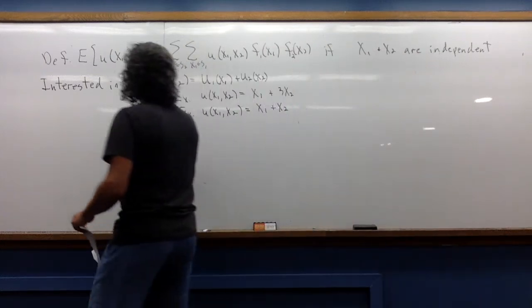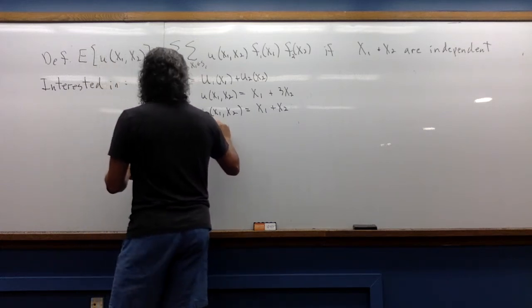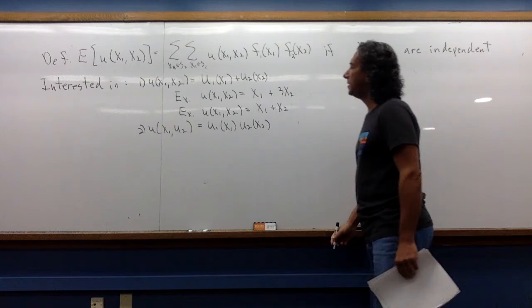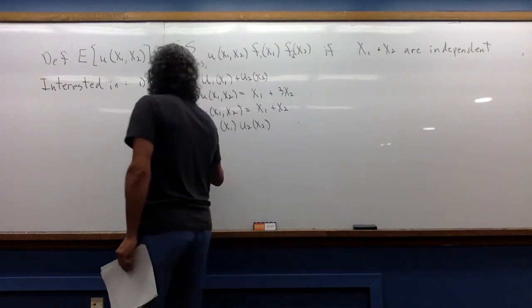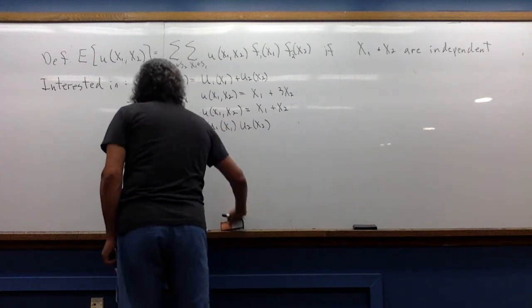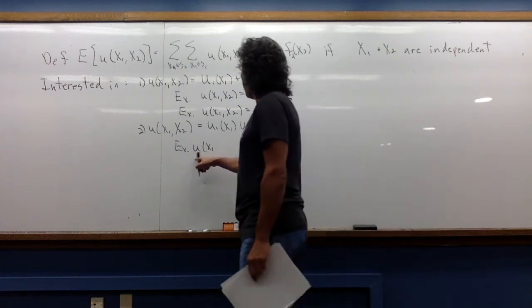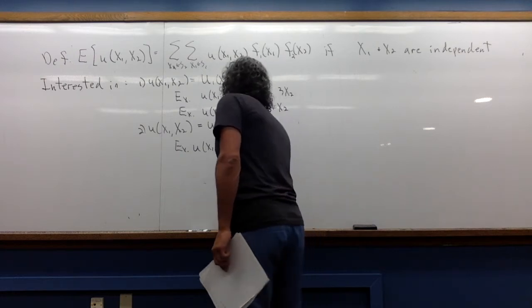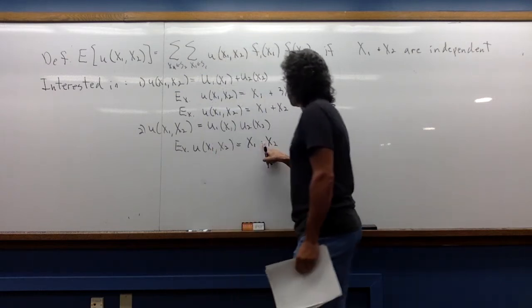The second one that we're going to be interested in is when we can articulate this function as a product of two functions of a single variable. So as an example, typo here, this should have been x2, I wrote u2. u of x1, x2 is u1 of x1 times u2 of x2, where u1 of x1 is just x1, and u2 of x2 is just x2.